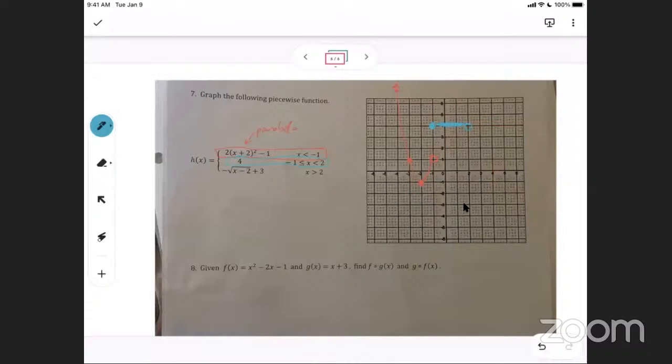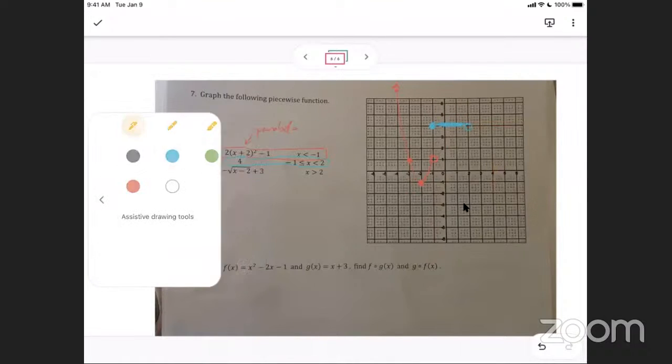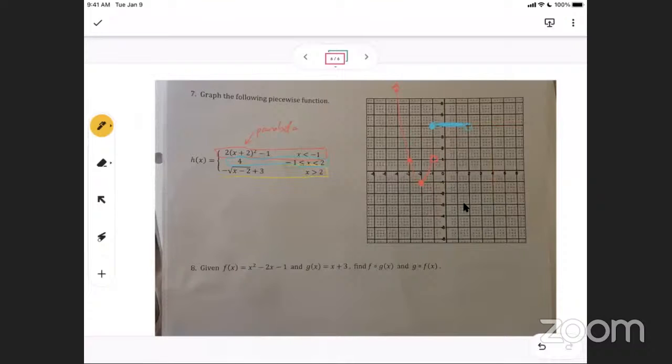Got it? And then the last one in yellow is a square root function, but it's shifted right 2 and up 3. And it's also what? Flipped over the x-axis.